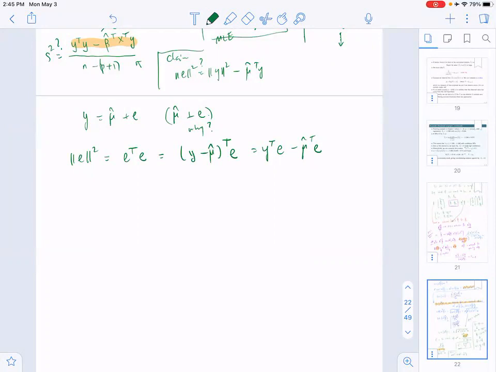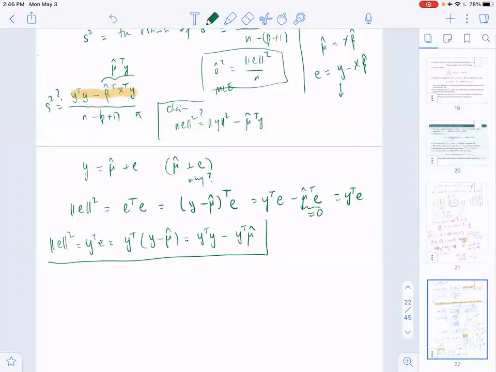Mu hat transpose E is 0. Why? Because they're orthogonal to each other. So this is going to be Y transpose E. So that's one formula. Now, what is Y transpose E? Y transpose E, I'm going to repeat this. Y minus mu hat. Yes. Okay.